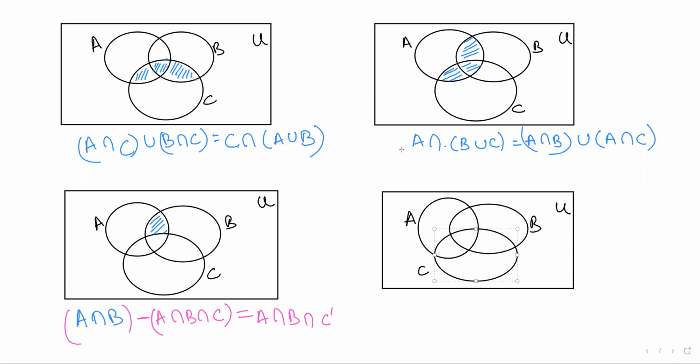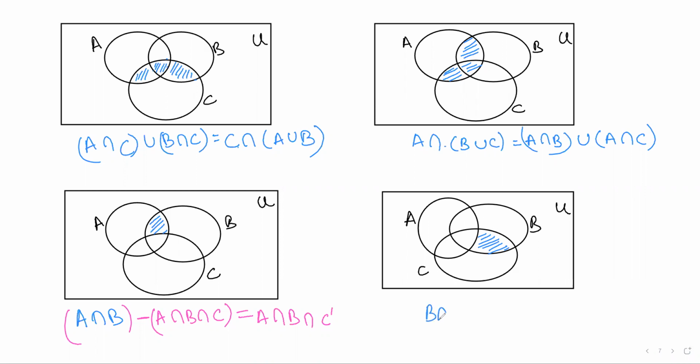Let's consider another region. This particular part is present in B intersection C in this leaf. And from this leaf, you have to remove all the A part. You do not need any of the A part. The circle is the A part.